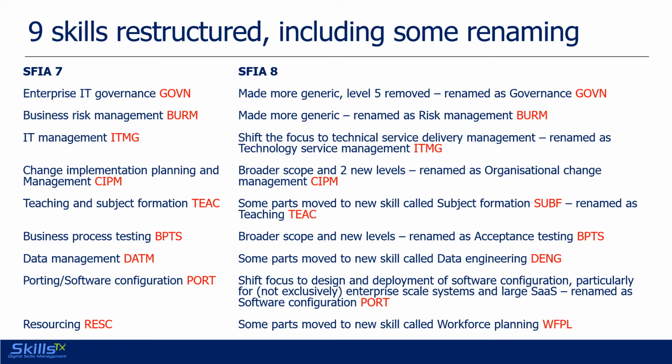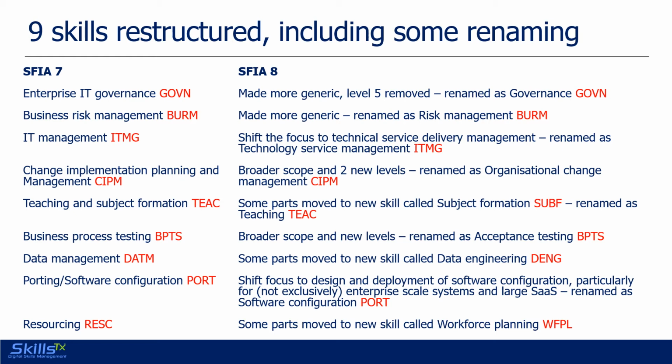Data management has had some of the parts moved to the new data engineering skill. Porting and software configuration, the focus of that has moved slightly more to cover design and deployment of software configuration, particularly for enterprise scale systems and large SaaS, but not exclusively.